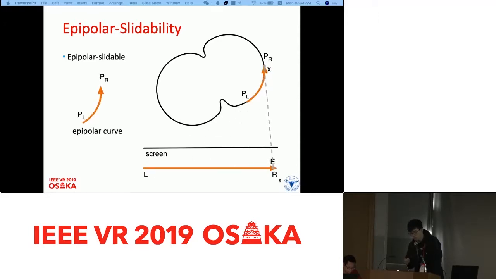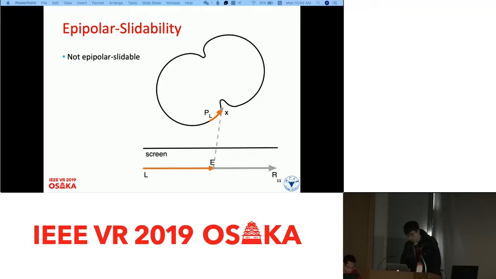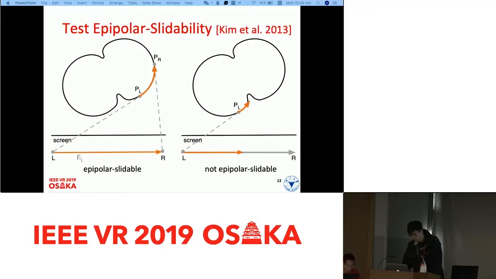If the contour point on the epipolar curve continues from PL to PR, we say that PL is epipolar-slidable. Otherwise, if the contour point on the epipolar curve does not continue from PL to PR, PL is not epipolar-slidable.